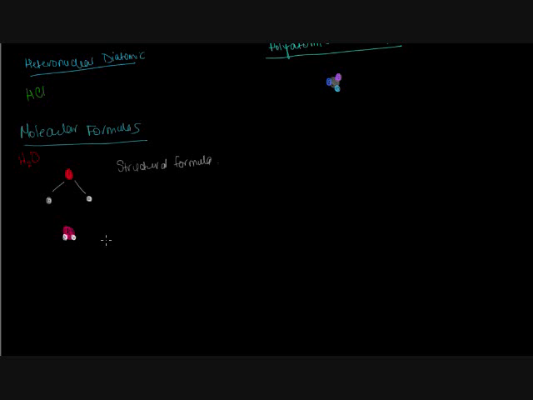The difference between these is simply that this one shows your bonds as lines, and it can also be called a ball and stick model, and the reason it's called that is because usually if you get one of those chemistry sets and you were to make H2O, it would look like this. You would have the 3 balls and the sticks to show you the bonds. So these are structural formulas, and they show you what elements are involved and the arrangement, okay?